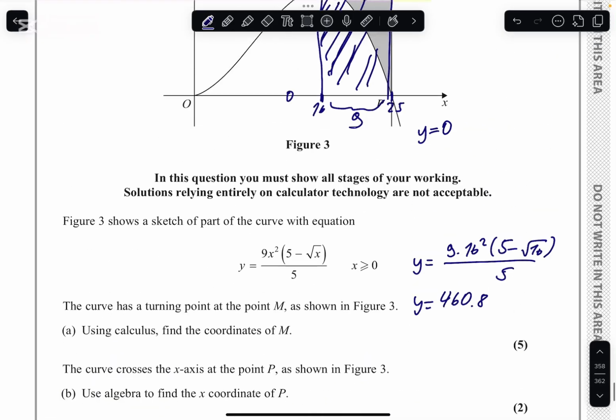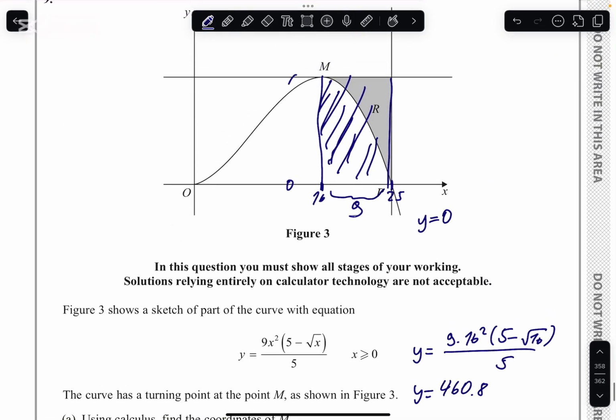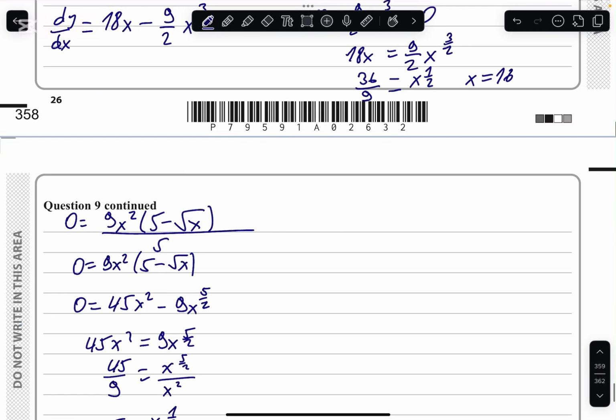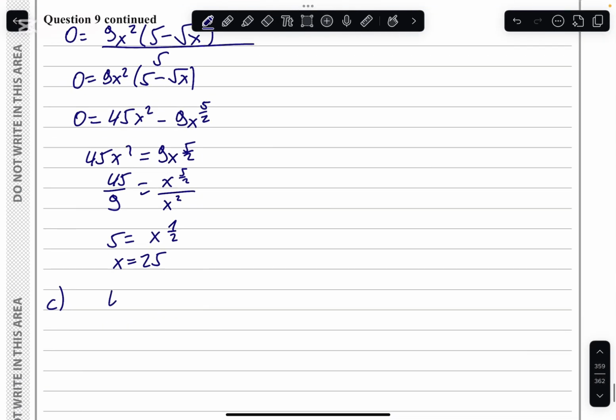We found the y-coordinate to be 460.8. So if we just do 460.8 times 9, we'll find the area of the total rectangle there. That gives us an answer of 4,147.2.